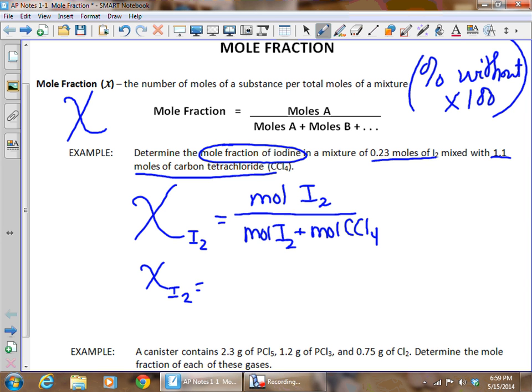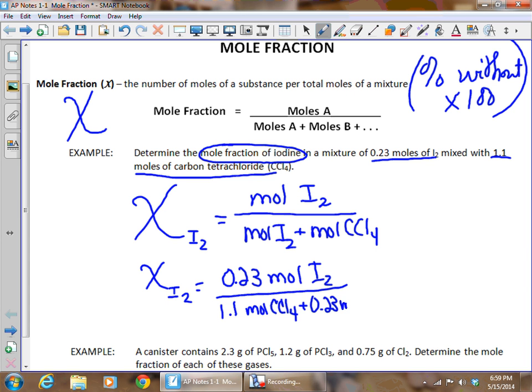The mole fraction of iodine is equal to 0.23 moles of iodine that it gives us in the problem, divided by our 1.1 moles of carbon tetrachloride and our 0.23 moles of iodine again.